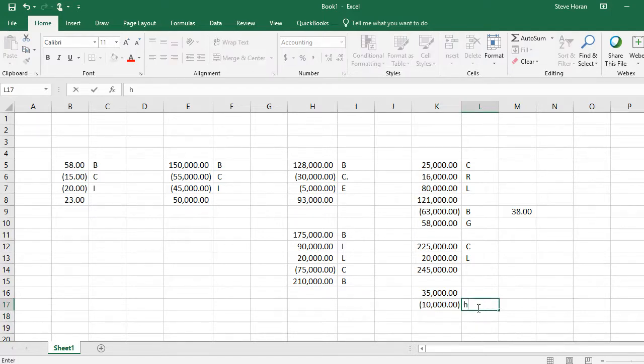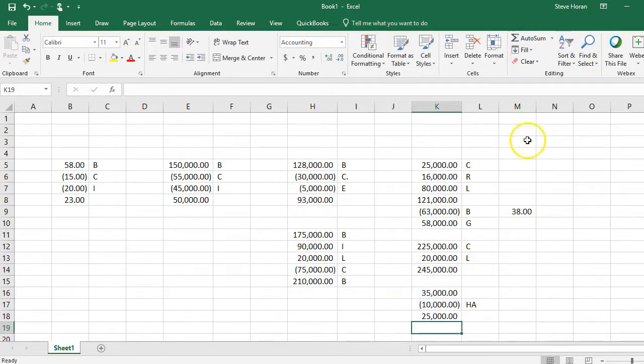That's ordinary income, HA. The difference is 25,000 capital gain, CG. So there's a gain of 35,000: 10,000 is ordinary income because of the hot assets, and 25,000 is capital gain, basically the difference.